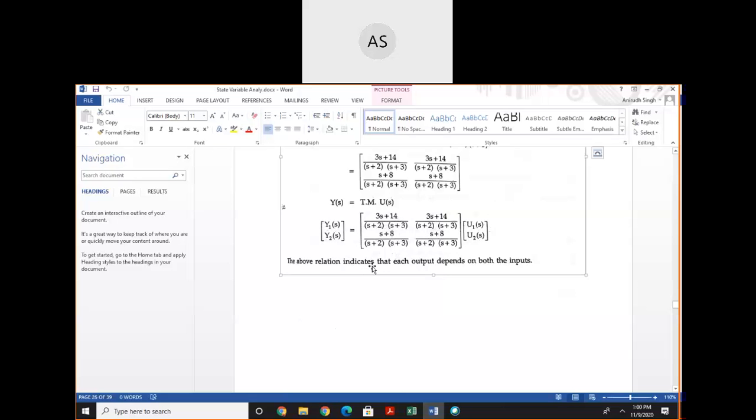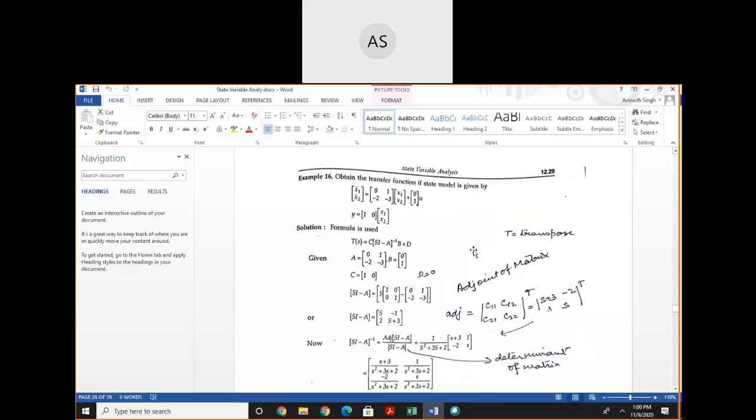So we can write this as Y1(s), Y2(s) equal to the transfer function multiplied by U1(s) and U2(s). This relationship indicates that each output depends upon both inputs, meaning Y1 depends upon U1 and U2, Y2 also depends upon U1 and U2.